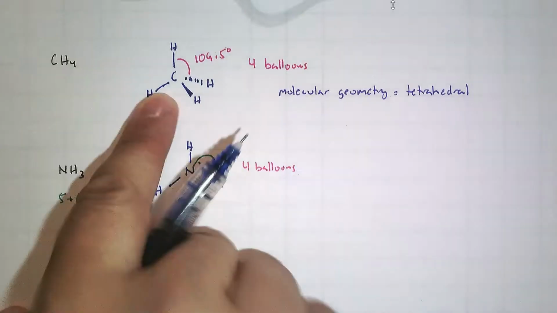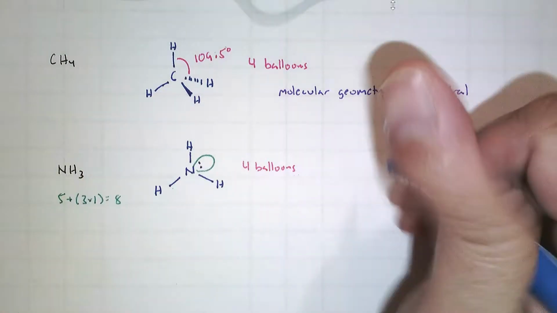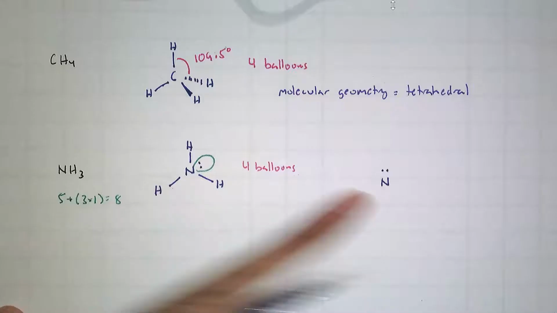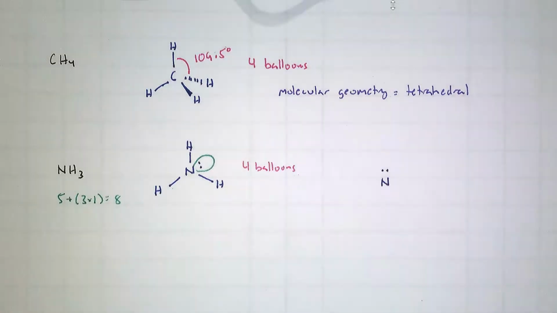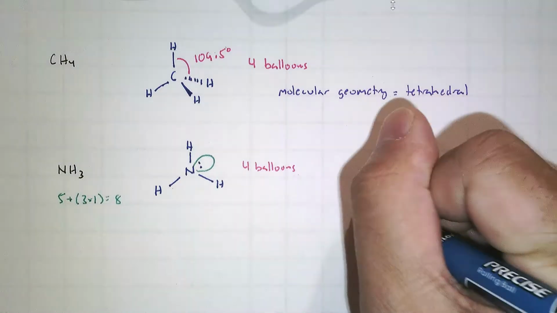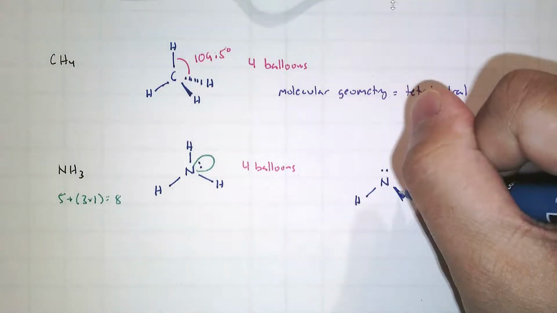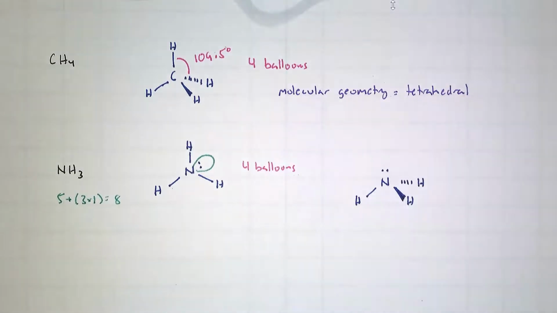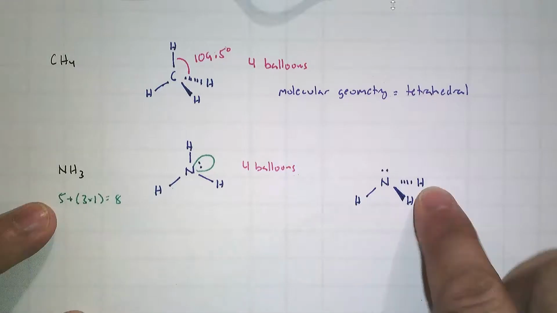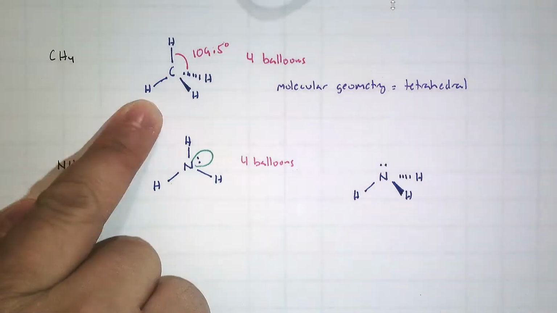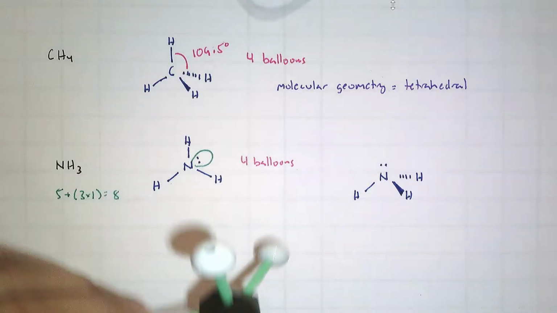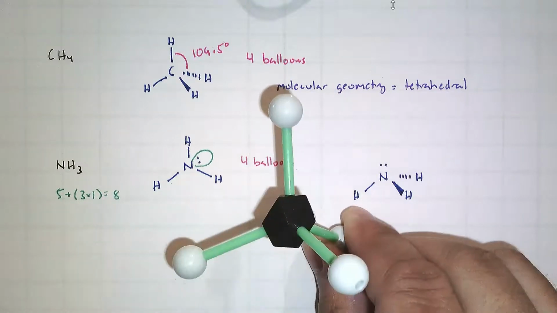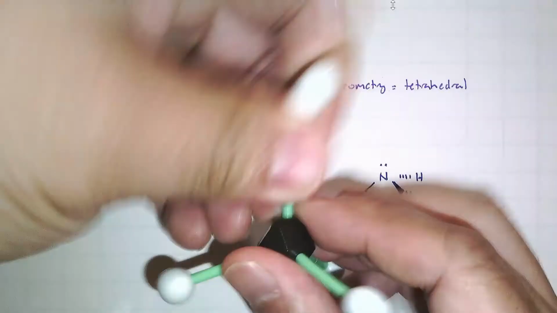So I'm going to draw it using wedges and dashes, and I'll put the lone pair on this theoretical bond going up, this up direction, and we have H, H, and H. Why did I draw wedges and dashes for these H's? Because I'm just following this example, and here's the model, right there, and I'm taking off this bond.